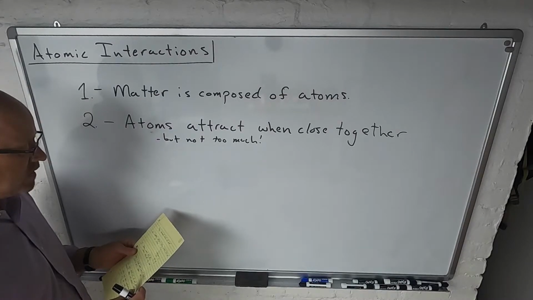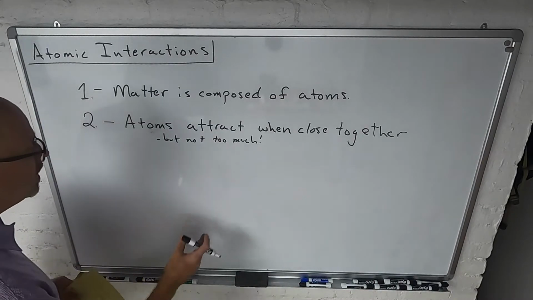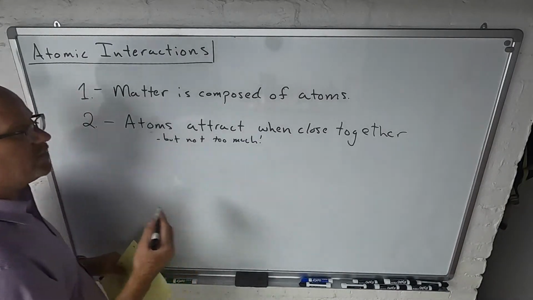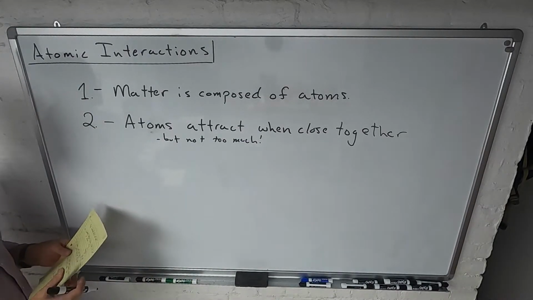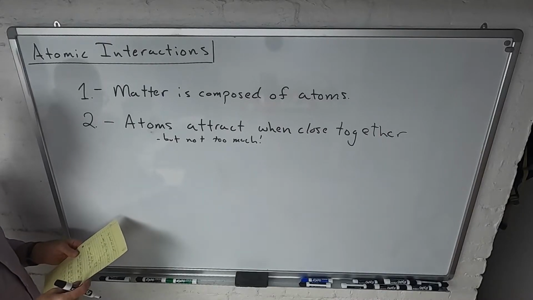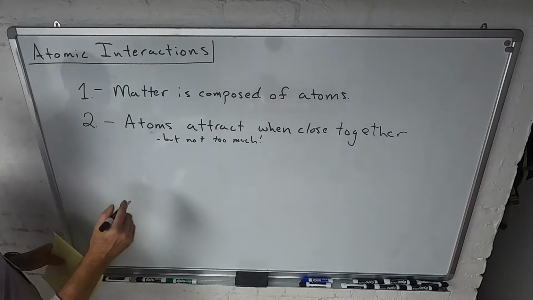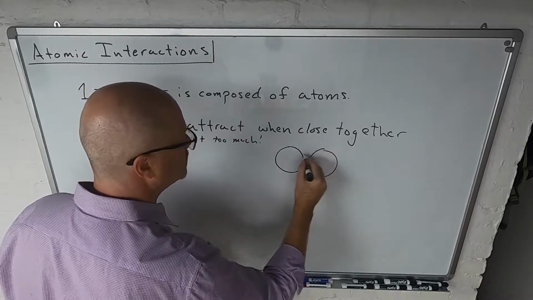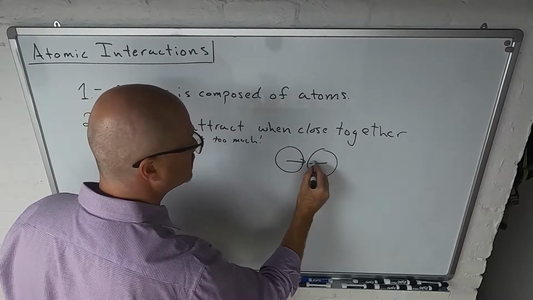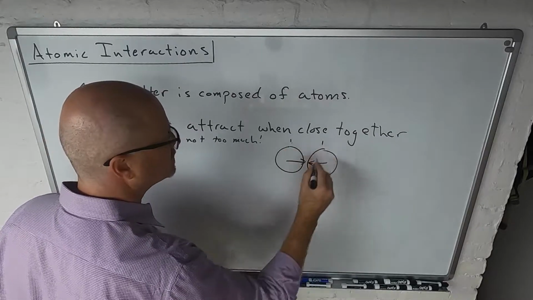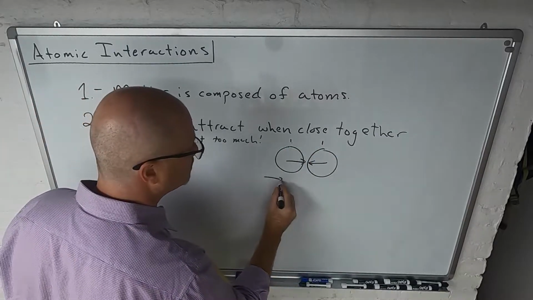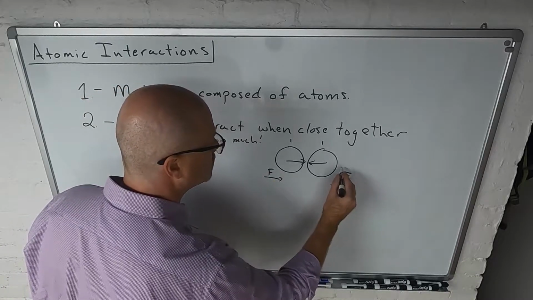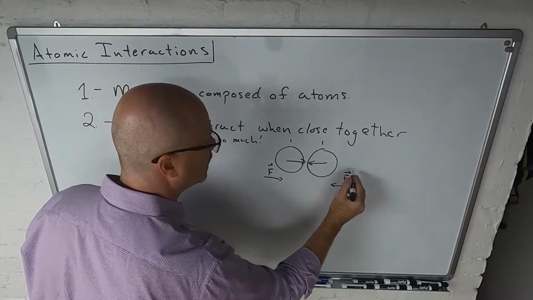And so there's a finite distance that they have to be from each other. And those are what set the bonds and the bond lengths. So there's a slight attraction between my atoms at some distances, but when I try and push them further and further together with a force, they actually repel.